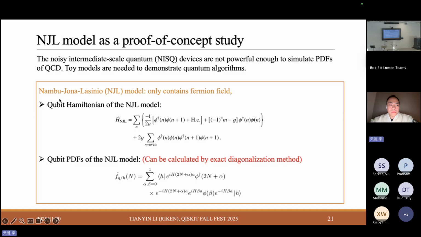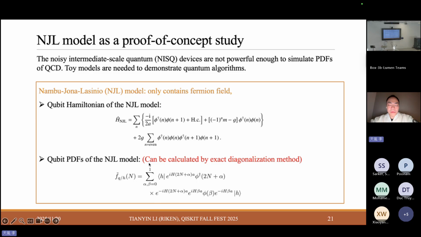We choose this toy model, which is named the NJL model. This model only contains a fermion field. Here is the qubit Hamiltonian of the NJL model, and this is the parton distribution function of the NJL model after mapping to qubits.